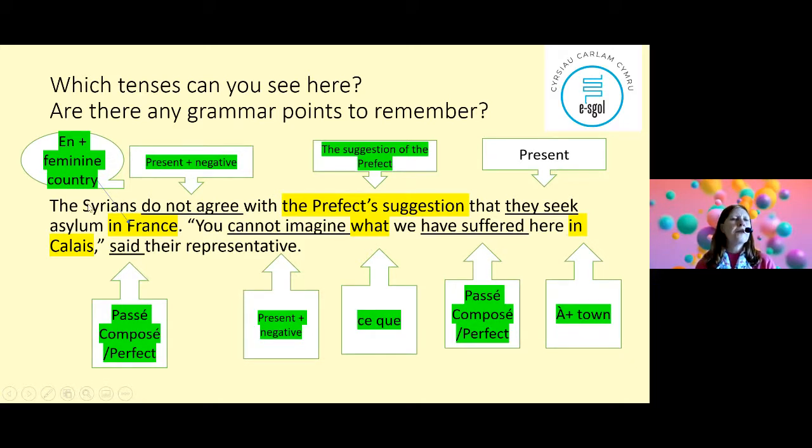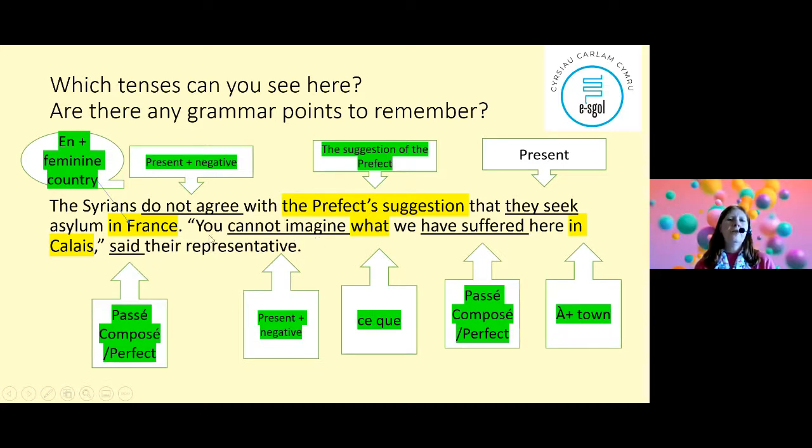And then as we move to the second line, again, we have the same grammatical point coming up, en France. And as we move along again, "you cannot imagine". So I've made a note of present plus negative. But when you actually translate this little bit here, you don't actually have to translate "cannot".